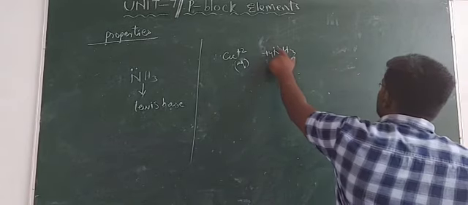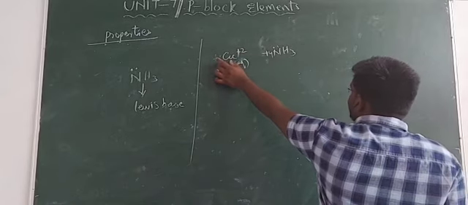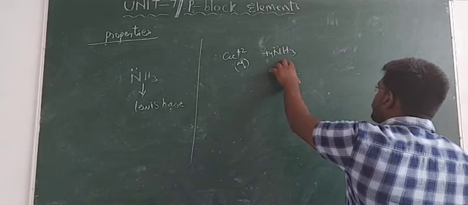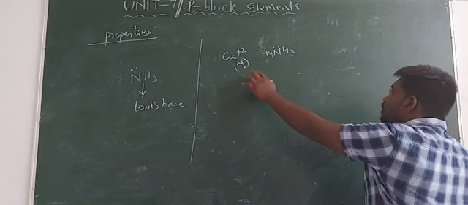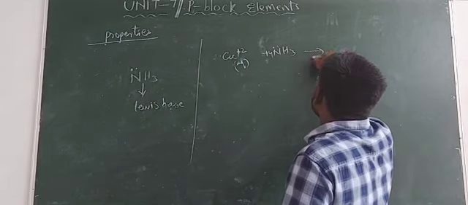By using this lone pair, ammonia forms coordinate covalent bonds with copper plus 2 ions. 4 molecules of ammonia form 4 coordinate covalent bonds with the copper plus 2 ion and give a complex ion.